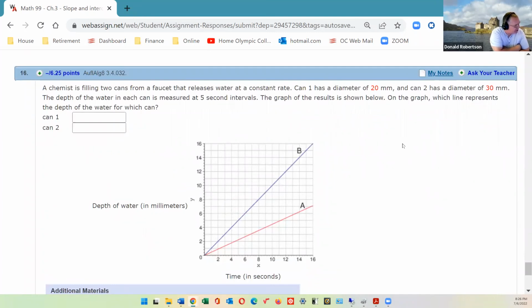Should read this question again. The graph of the results is shown below. Oh, okay, so I guess I have to figure out which one of these cans is the 20 millimeter one and which one of these cans is the 30 millimeter one.